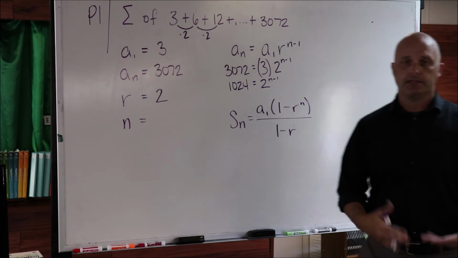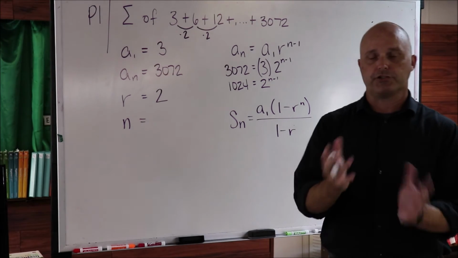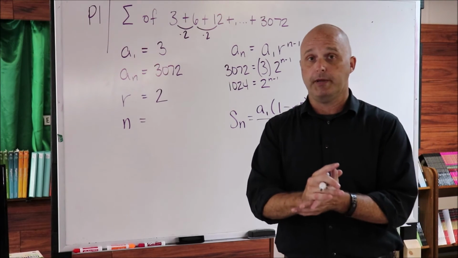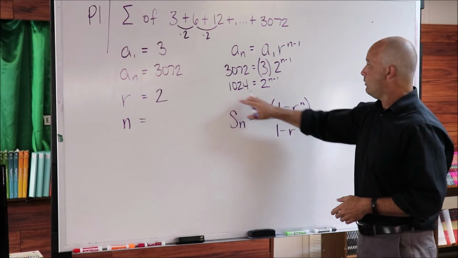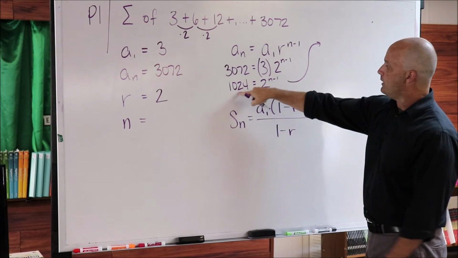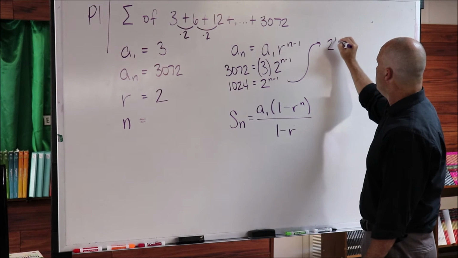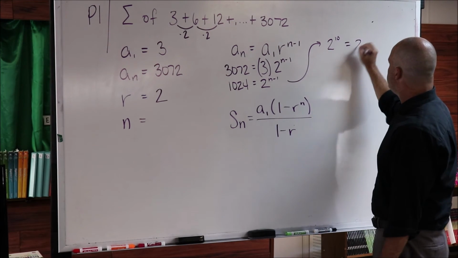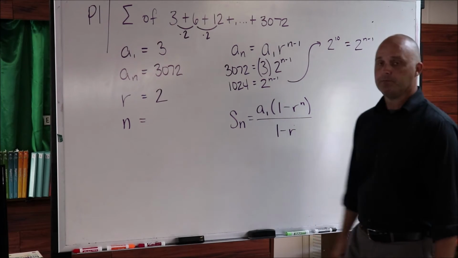Now what we can do is take that 1024 and take it down to a much smaller base. In fact, 1024 is the same thing as 2 to the 10th. So I'm going to bring this up here, and I'm going to rename 1024 as 2 to the 10th. And then that is equal to 2 to the n minus 1.